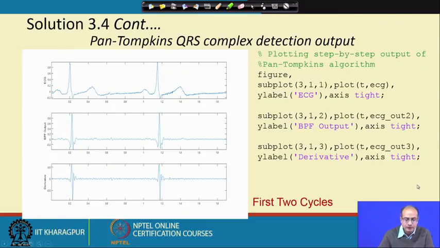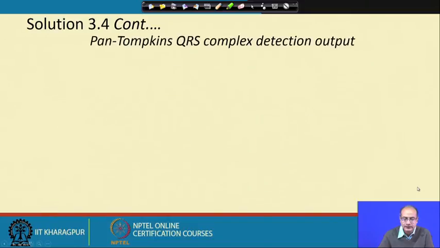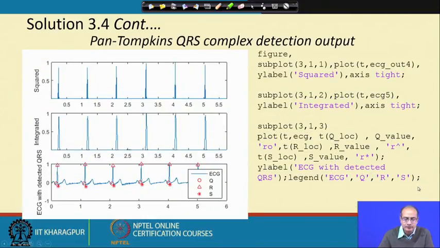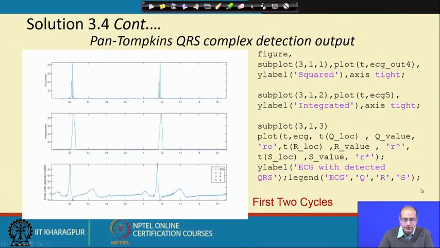We are showing the first 2 cycles to make it better: the ECG band pass output, the derivative, then the squared output of the integrator, and at the end the QRS complex, where Q, R and S, all 3 points, are marked on the ECG. The first 2 cycles make it more prominent.